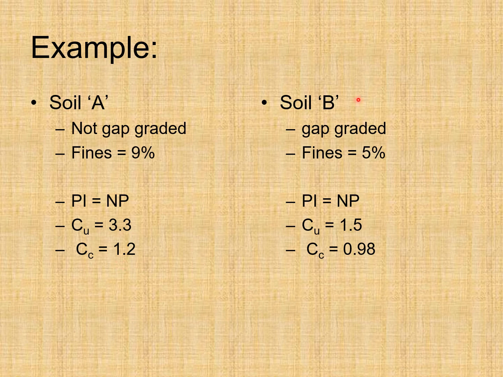Whereas soil B is gap graded, and the fines are 5%, plasticity index non-plastic, coefficient of uniformity 1.5, coefficient of curvature 0.98. So you can see in both cases the fines are non-plastic, so no problem. But if you just look at the coefficient values, you will come to know that soil A should be preferred.